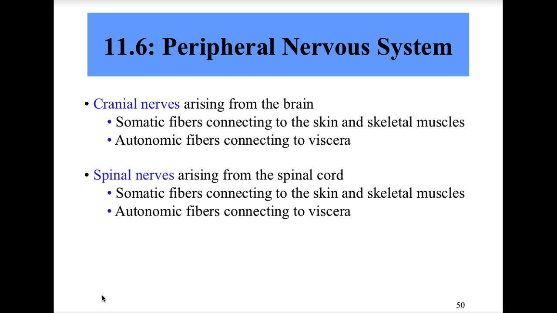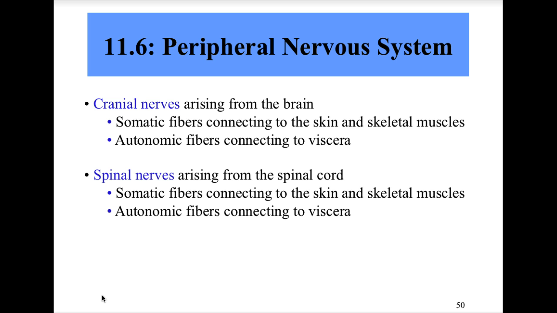So the peripheral nervous system basically consists of nerves that extend to and from the central nervous system organs. In other words, the PNS includes the cranial nerves and the spinal nerves. So the peripheral nervous system connects all body parts to the brain and/or spinal cord.